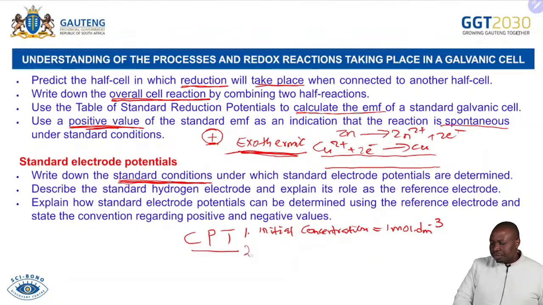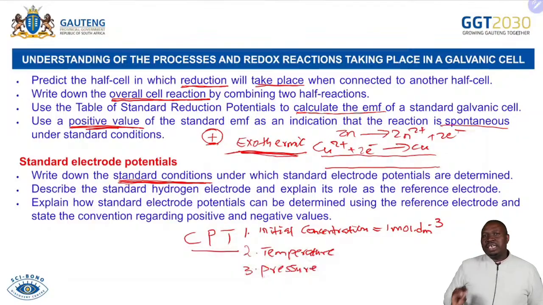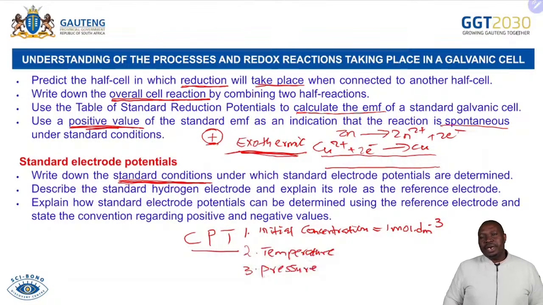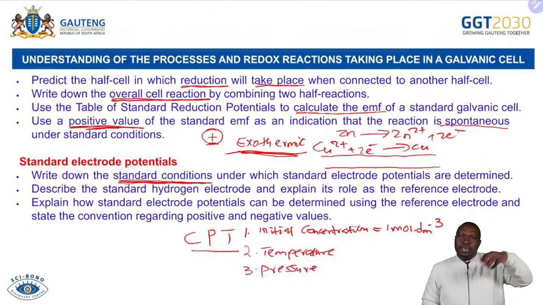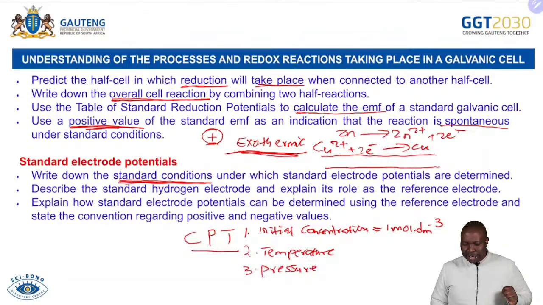The second one is temperature. I always say you will write pressure as the third condition. Why, learners? I advise you to do so because pressure affects only gases. Remember, when you were dealing with factors affecting equilibrium, you said pressure affects only gases. Even under this topic, pressure affects only gases, so there must be gases involved in the galvanic cell for us to talk about pressure.